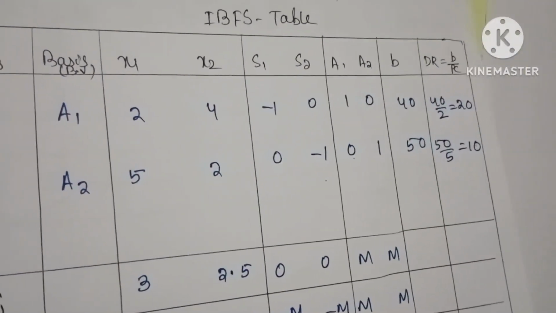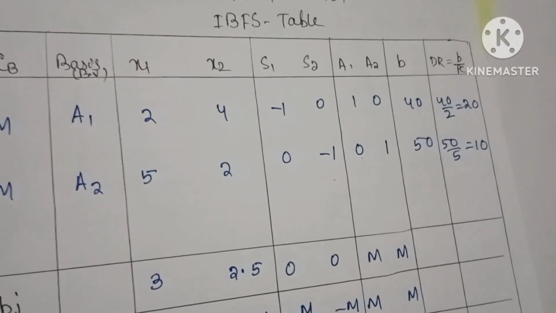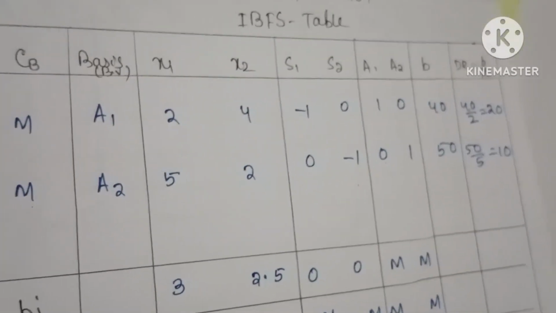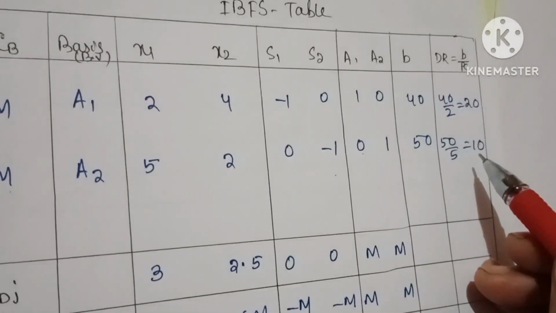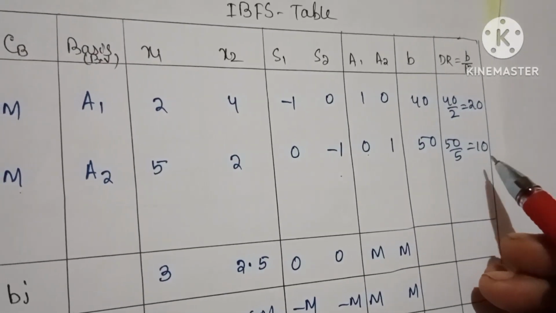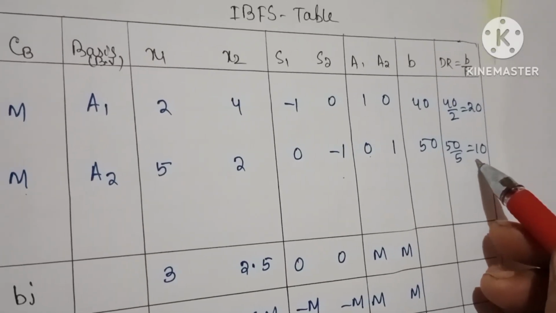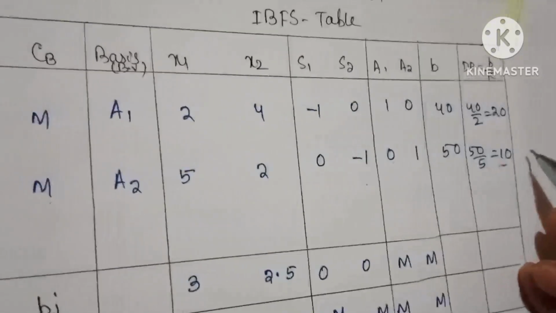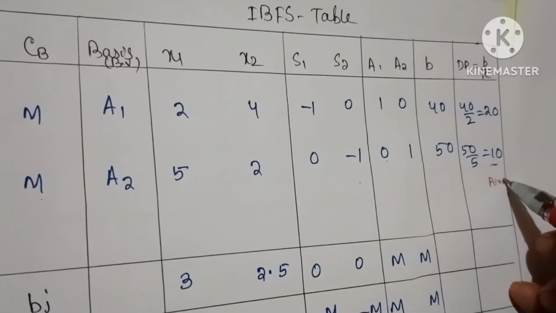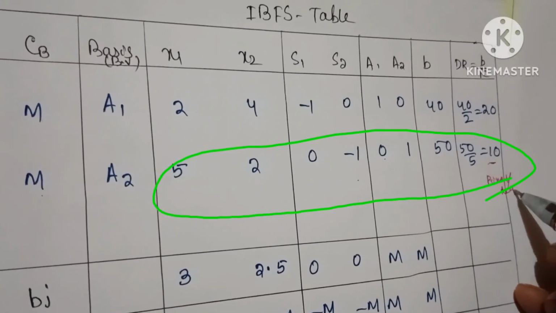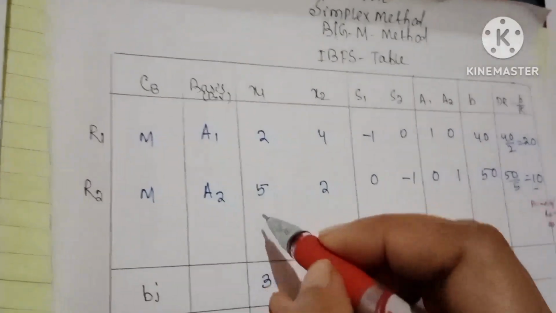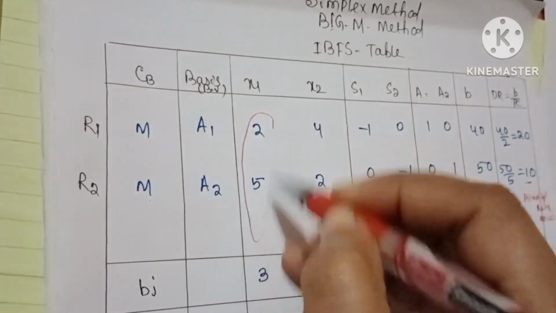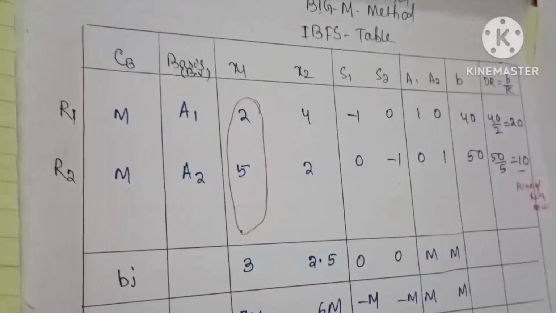Now we have to find out the pivot row. How can you find that out? The smallest positive number decides the pivot row. So here the smallest positive number is 10, and this decides your pivot or key row. So this is your key row, and this is your key column, or pivot column.